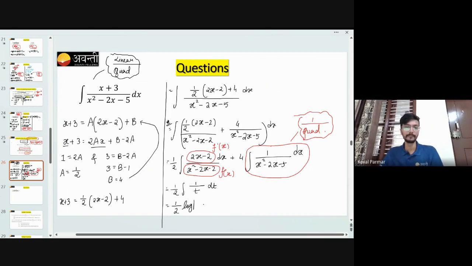Who was t? f of x, which is x square minus 2x minus 5. So I get 1 by 2 log of (x square minus 2x minus 5) plus 4 times whatever comes here, plus c. Whatever comes here, I am giving you for homework. We have practiced some questions on 1 upon quadratic, so you can try it at home. Let's do one more question of this type.